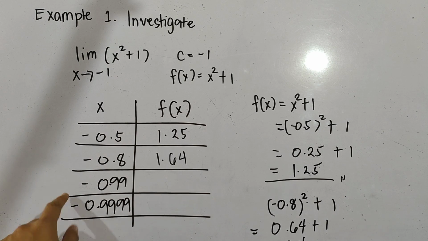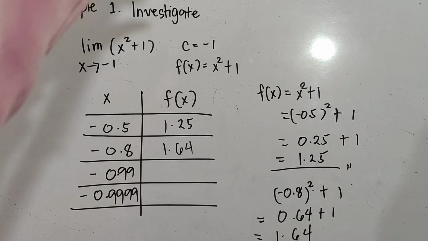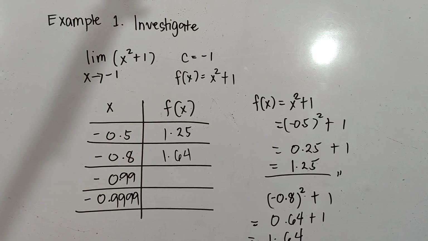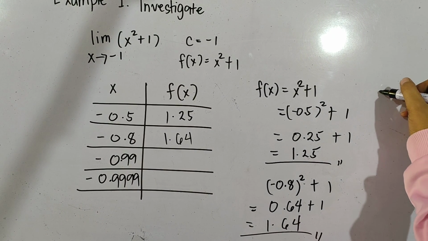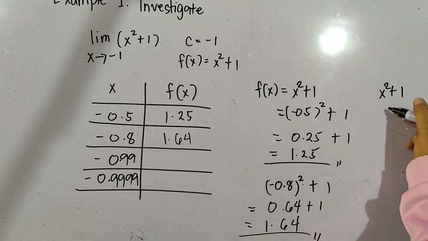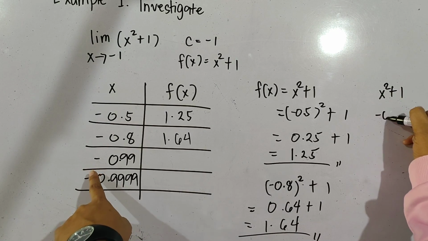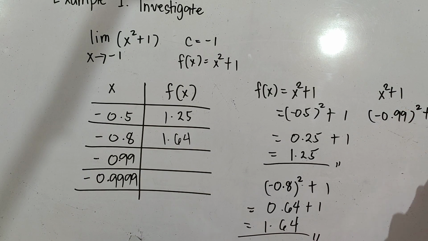How about negative 0.99? Okay, x squared plus 1. The value of our x, negative 0.99 raised to the power of 2 plus 1.